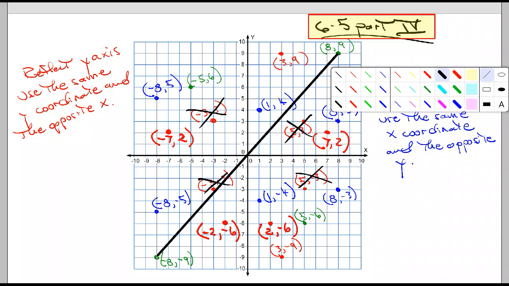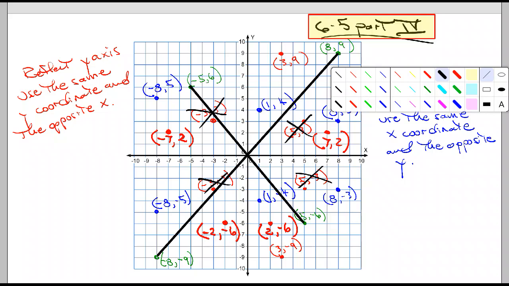Look at this one up here, -5 and 6. So I'll start there, and I'll go down to 5, -6. Right through the origin. So if you've done both axes correctly, if you're reflecting both, it'll always go right through the origin if you draw a line between the 2 points. Okay?